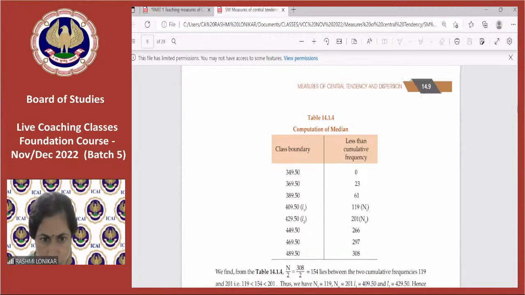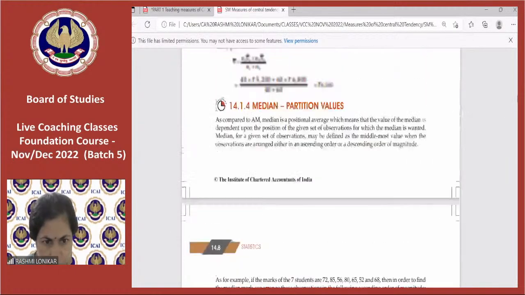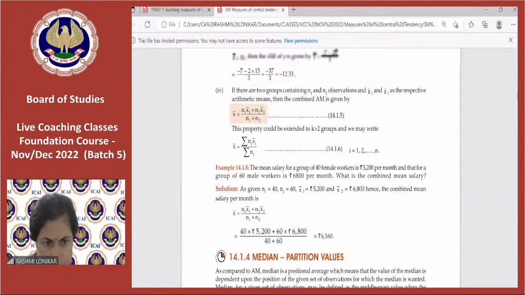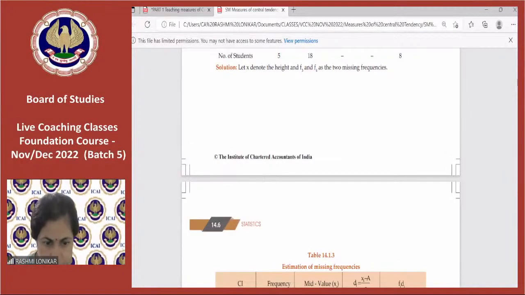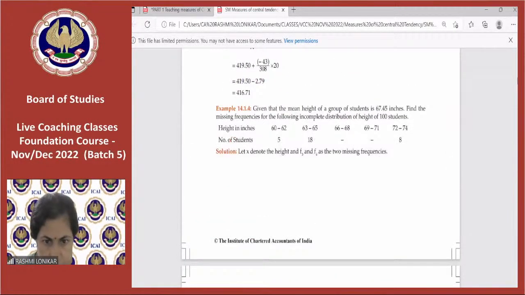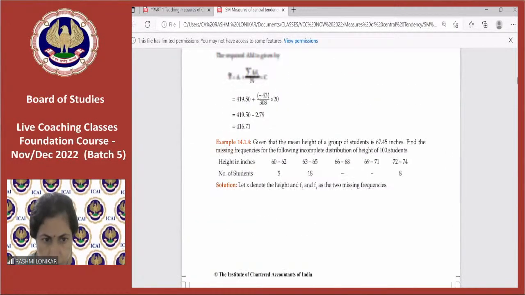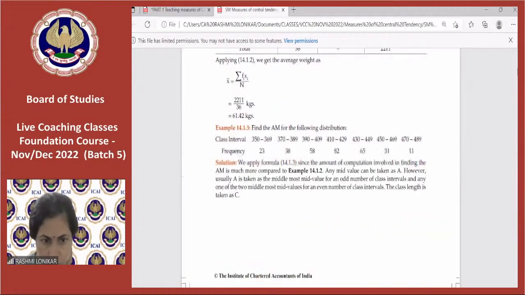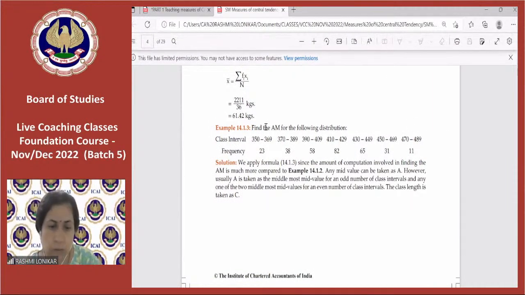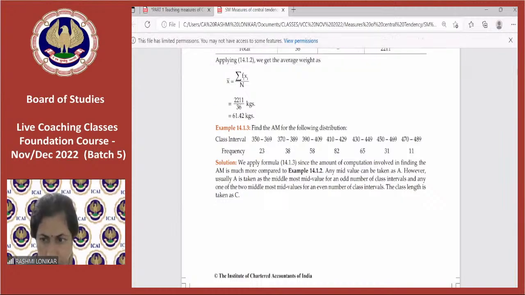This is from 14.3. Okay, this is the data that is given 14.1.3. Find the arithmetic mean of this data, so that they have already done, and now he wants the median.